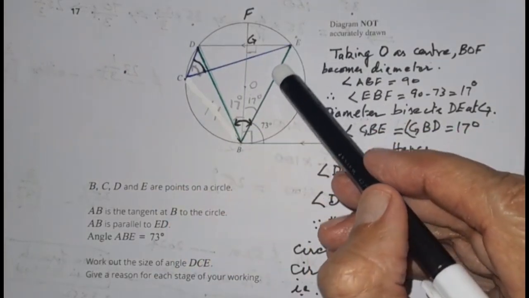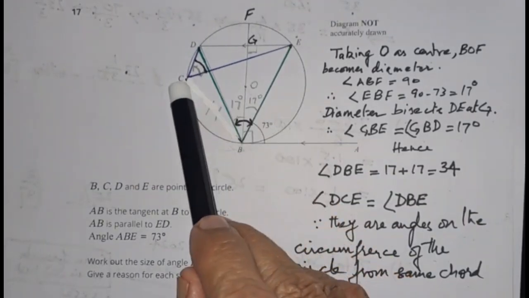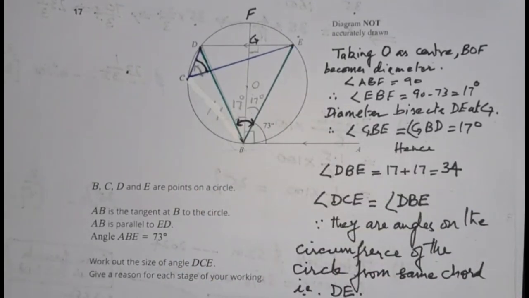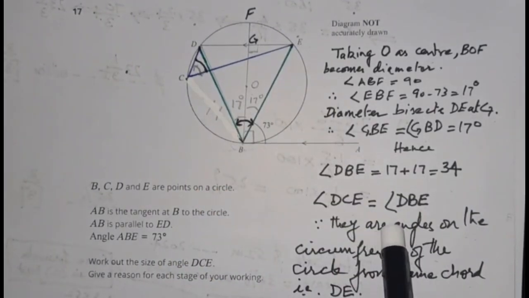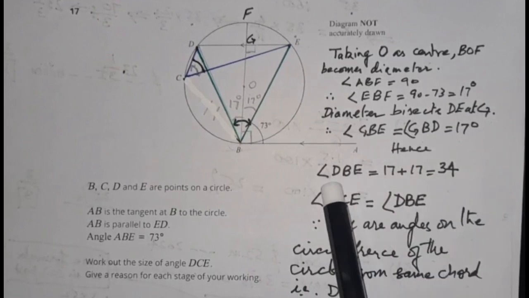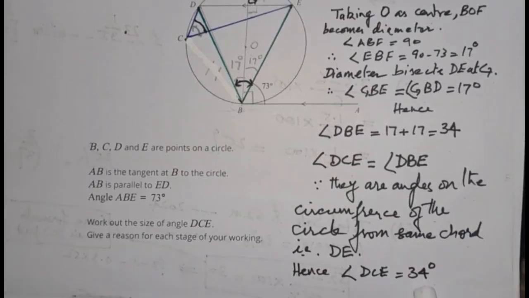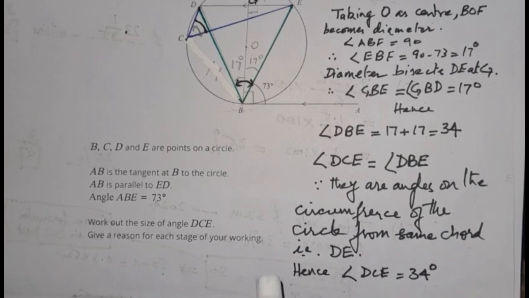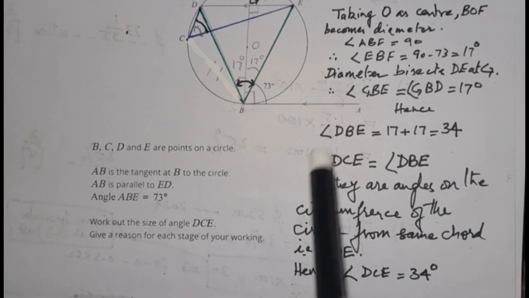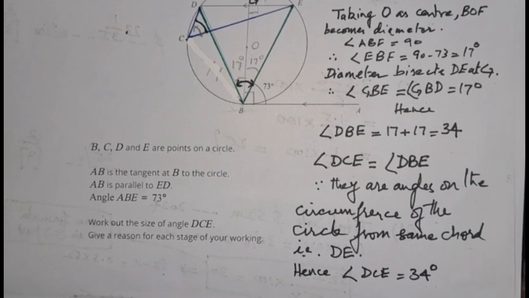Look at this, the green lines give us angle B, and the blue lines give us angle C, so DCE is equal to DBE. And we have already said that angle DBE is equal to 34 degrees. Hence, angle DCE is also equal to 34 degrees. So this was required, and the working was also required. So we have given the working and the answer, so we get our full marks for this question.